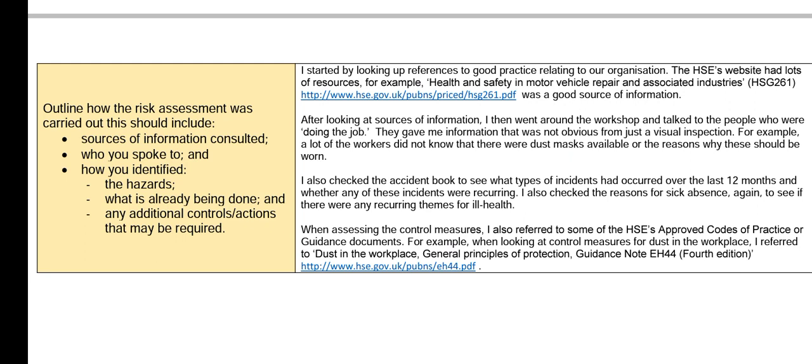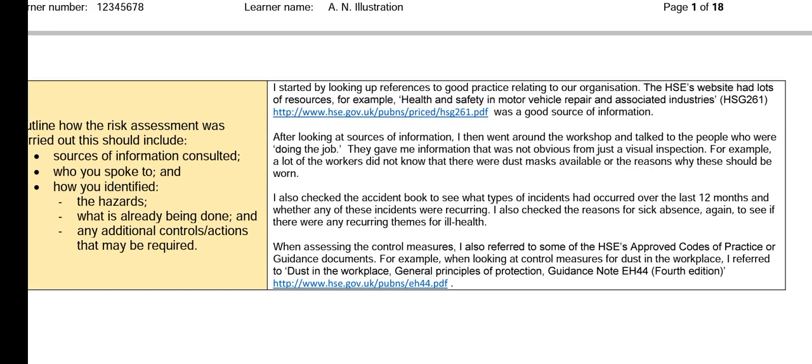After looking at sources of information, I then went around the workshop and talked to the people who were doing the job. So when I found the information from this website, I went to the workshop and talked to the workers about their job. They gave me information that was not obvious from just a visual inspection.